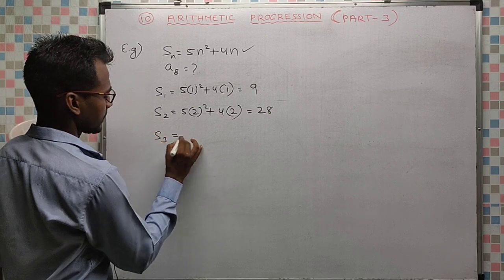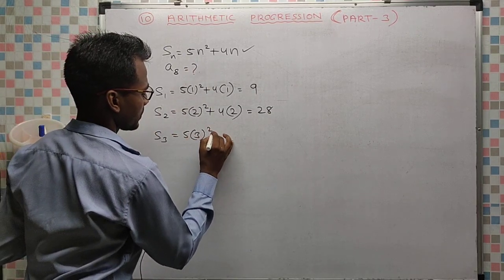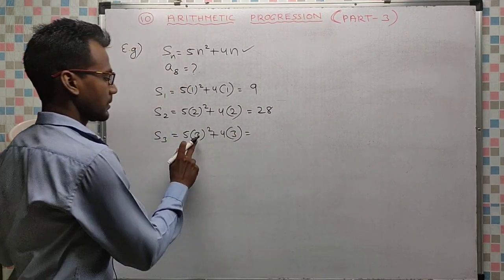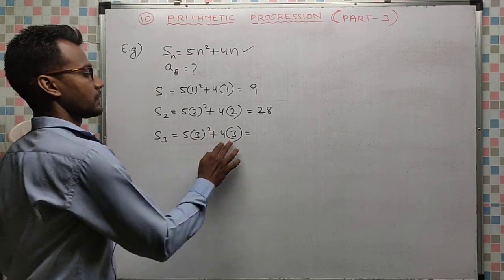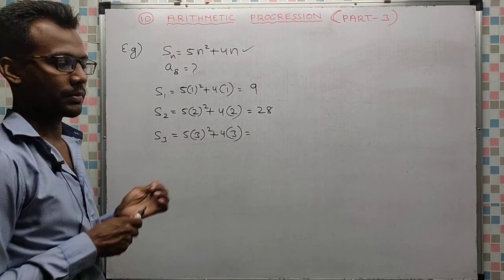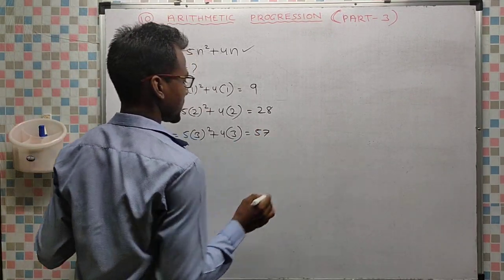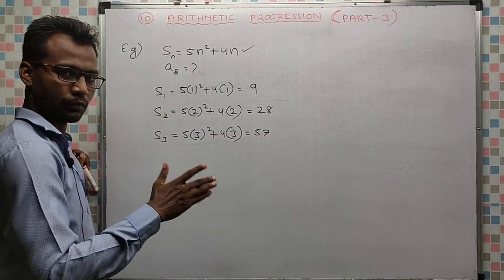Let us find S3. Put n is equal to 3. 5 into 3 square plus 4 into 3. 3 square is 9. 9 5s are 45. 4 3s are 12. 45 plus 12 is 57. This is 57. S3 is the sum of first three terms, A1 plus A2 plus A3.